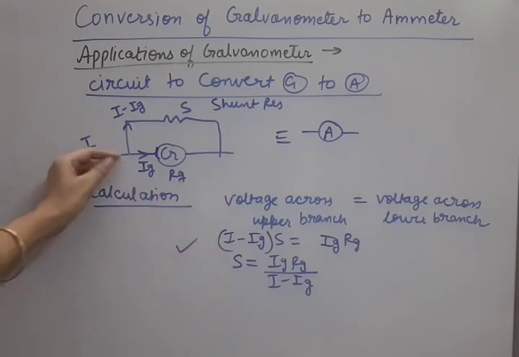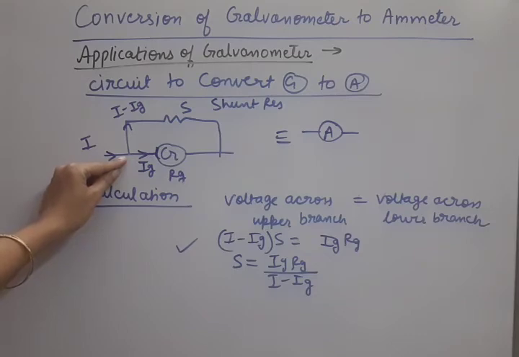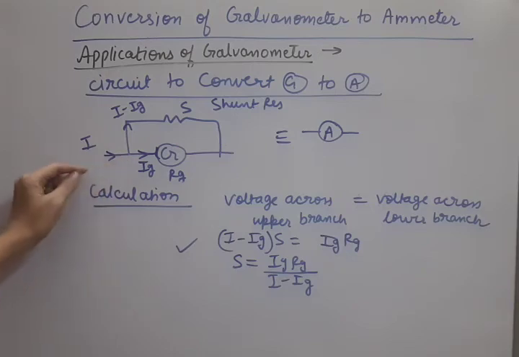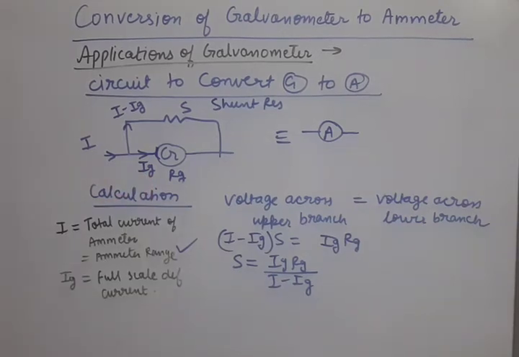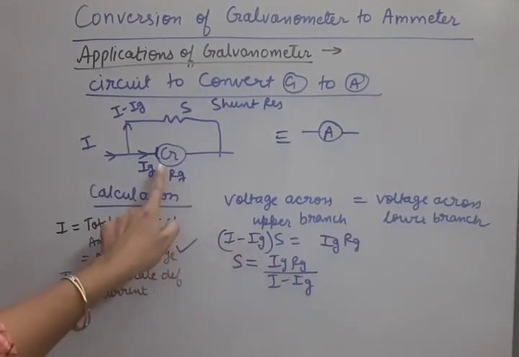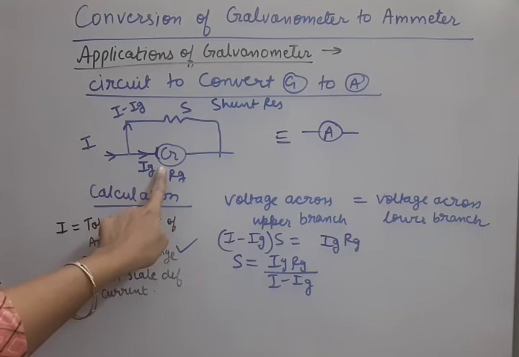I is the current range which the ammeter we have to make, so this is the range of the ammeter. Then Ig is the maximum current which the galvanometer can bear. This we can call full scale deflection current. The other 2 terms you already know. S is the shunt and Rg is the resistance of the galvanometer.